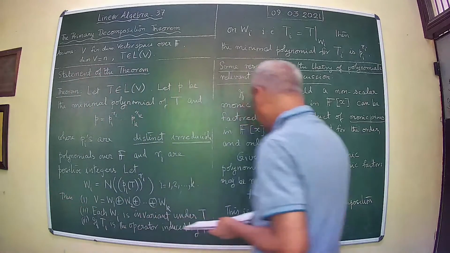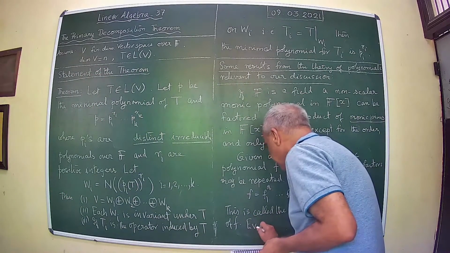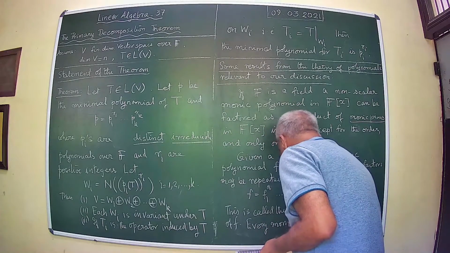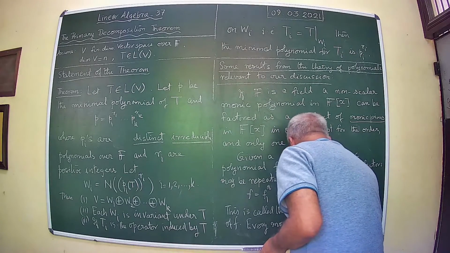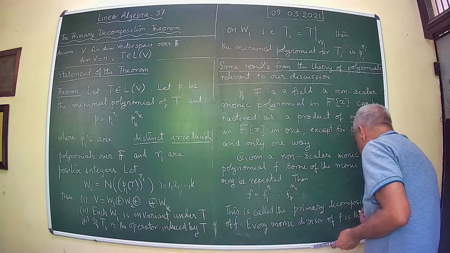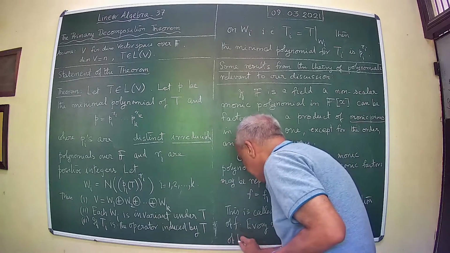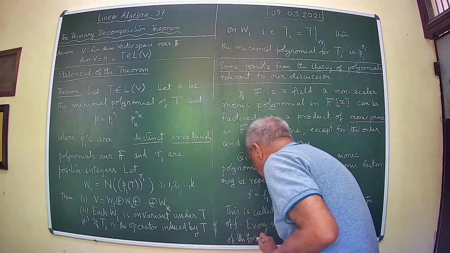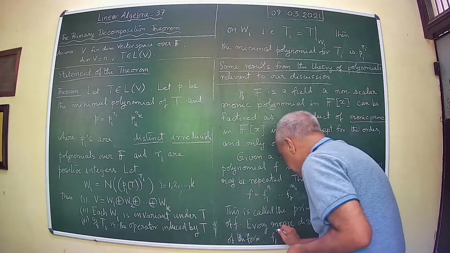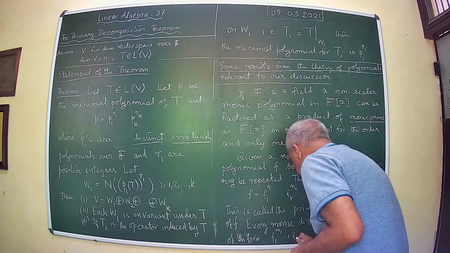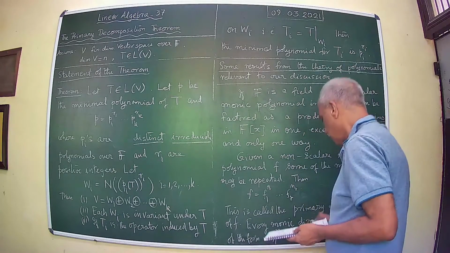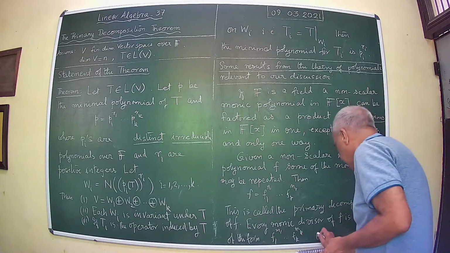So every monic divisor of f is then of the form f1 to the power e1 and so on, where of course each exponent is between 0 and n_i.